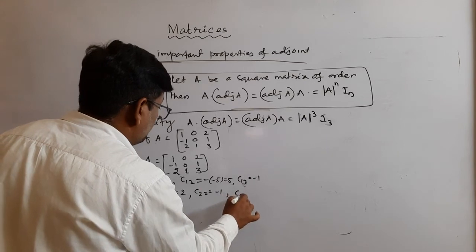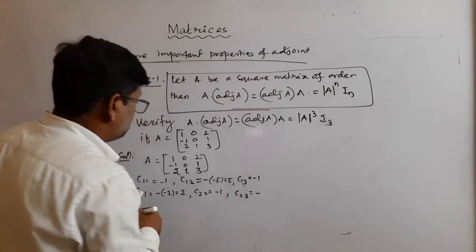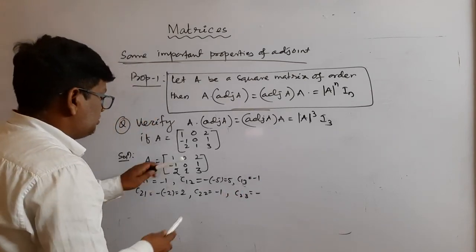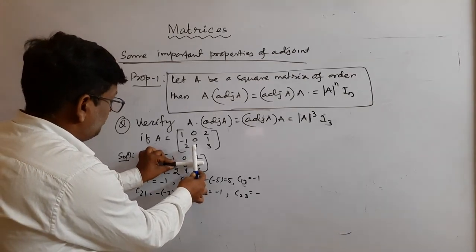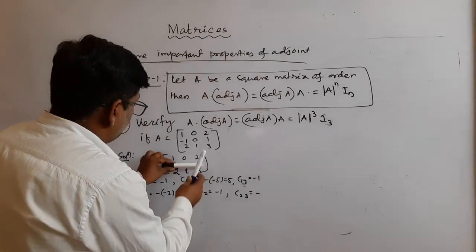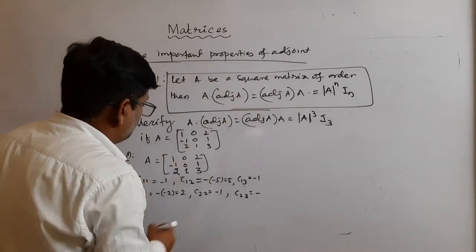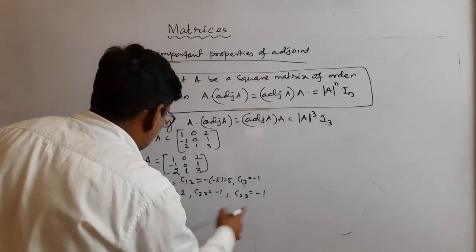C23: odd, so minus sign. This is 1 minus 0, so 1, here minus 1.